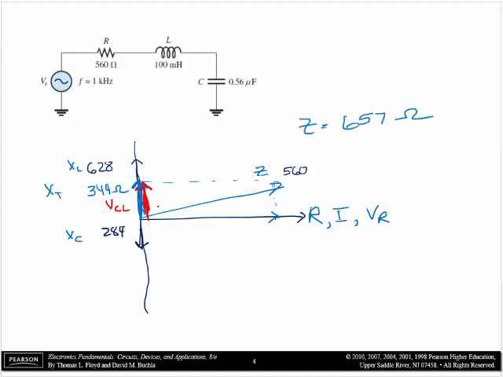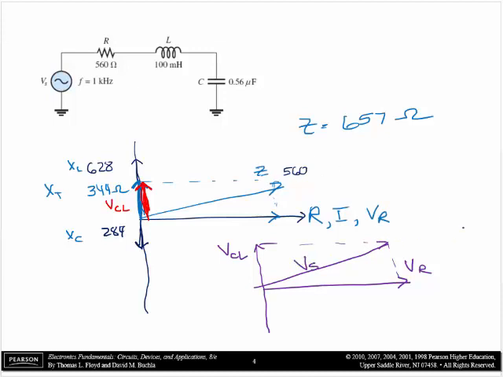And if we were to do the equivalent voltage phasor diagram, we would have VR in this direction, VCL inductive in that direction, and V source is in the same direction as Z. And then we would have our phasor diagram correctly.